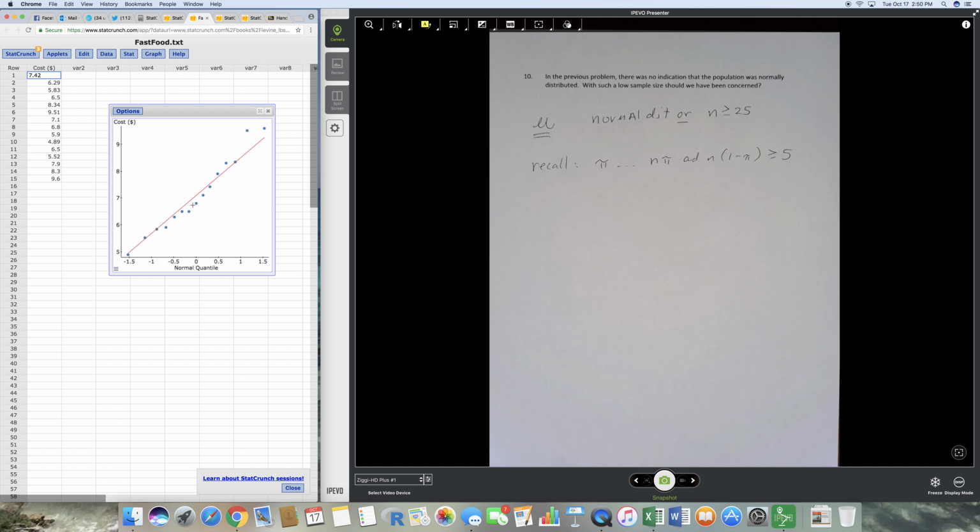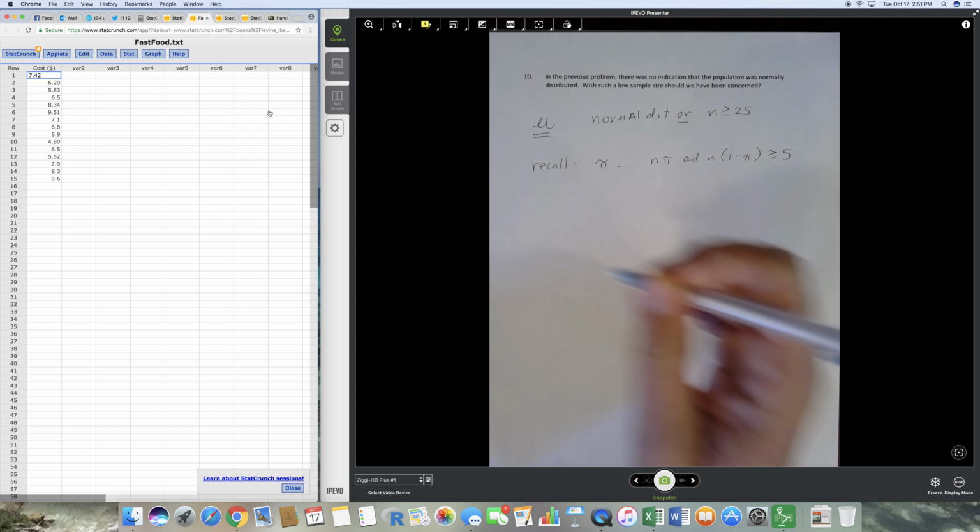Unless these points vary a lot from the diagonal line, not the vertical line, the diagonal line, we still don't have to worry about the normality assumption. So when I look at this, I feel okay. I think conducting this study over here on only 15 subjects is something that I would feel comfortable conducting.